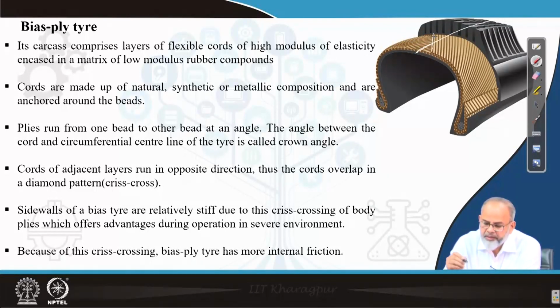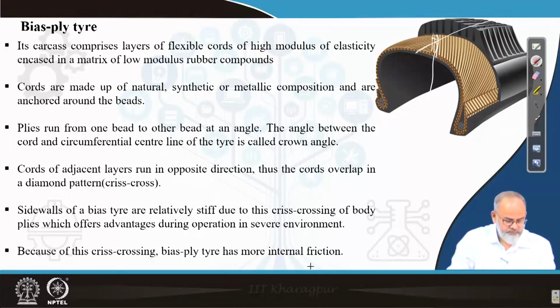So they are making an angle, and that angle is called the crown angle. The crown angle decides two things: what will be the type of cornering behavior, and what will be the type of riding quality. If crown angle is low, then cornering properties are better, but the riding quality is very rough.